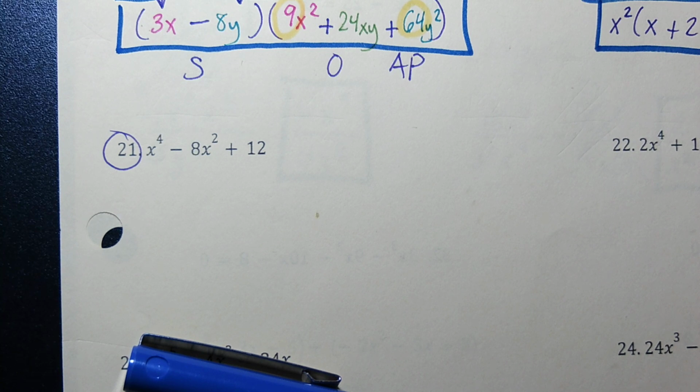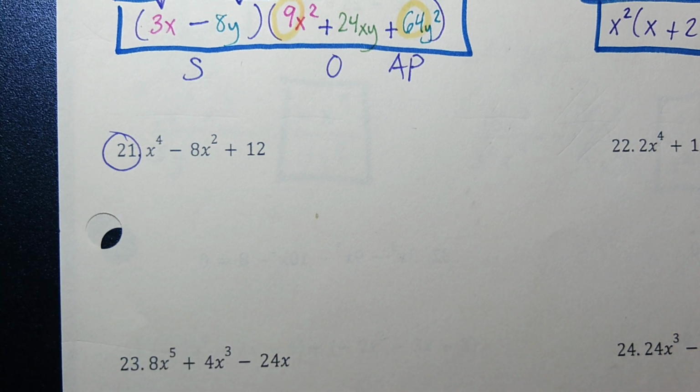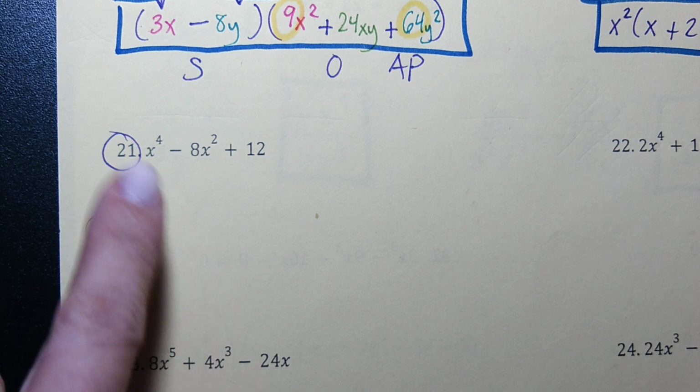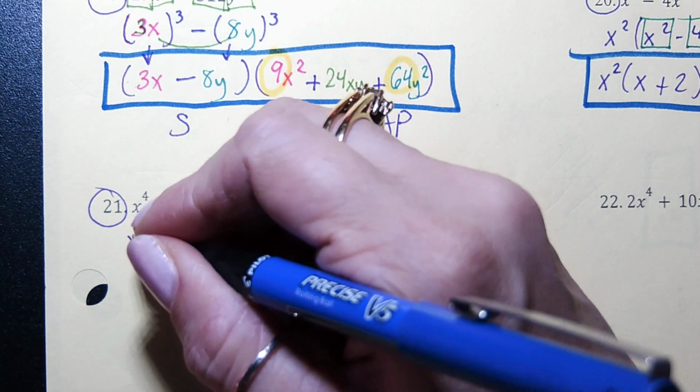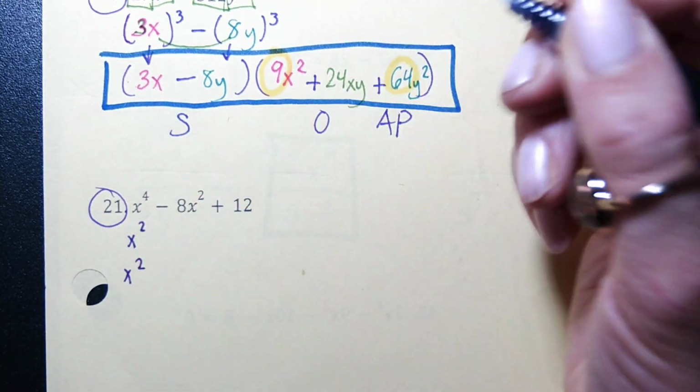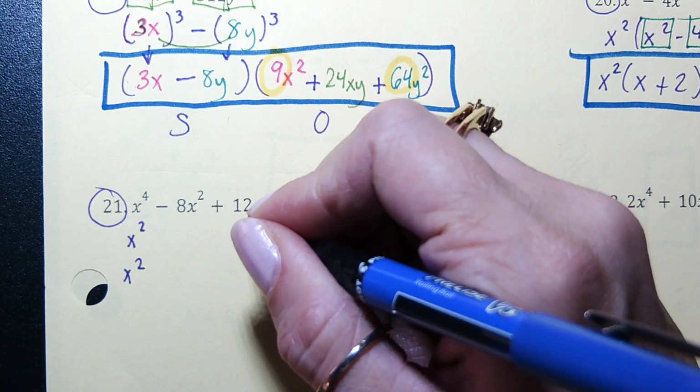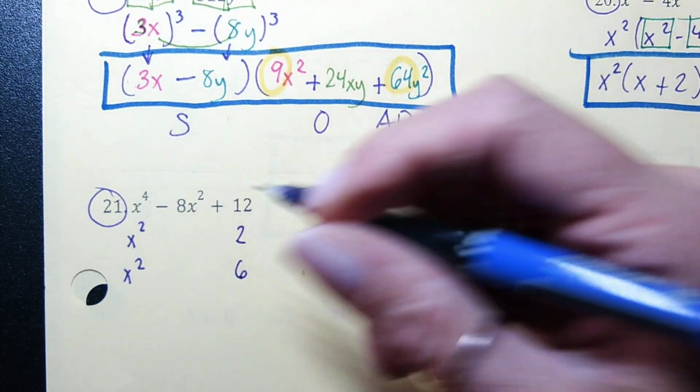Then for 21. So there's no GCF to take out on this one. Our powers go 4 to constant. So this is a fake quadratic. And we're going to do the x method. So x squared, 2 and 6.